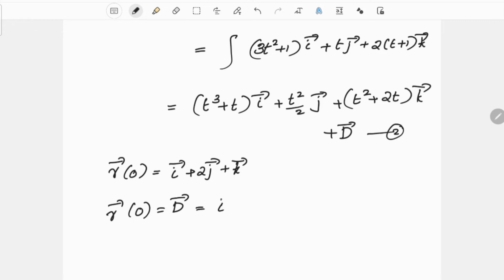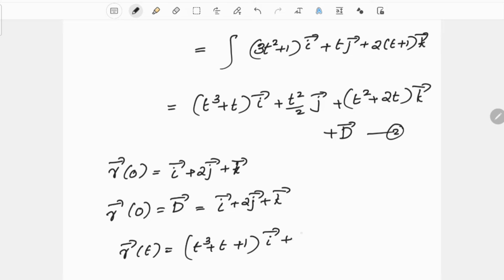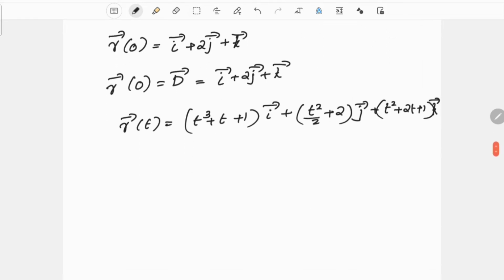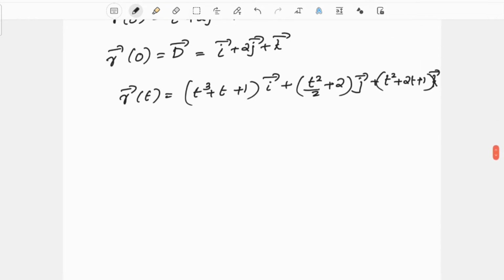So that's equal to i + 2j + k, and therefore r(t) is equal to (t³ + t + 1) i + (t²/2 + 2) j + (t² + t + 1) k. Thus we obtained the position and velocity vectors of the given moving particle from the acceleration and the initial position and velocity.